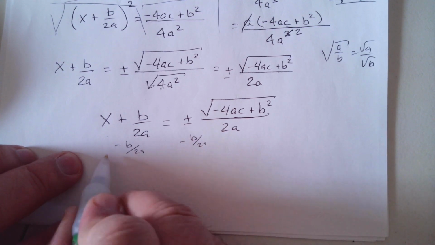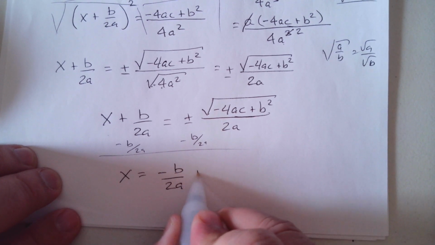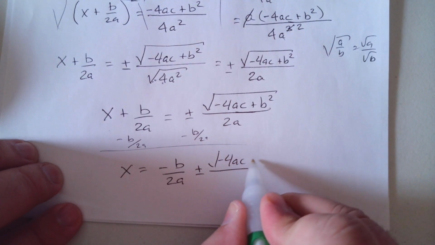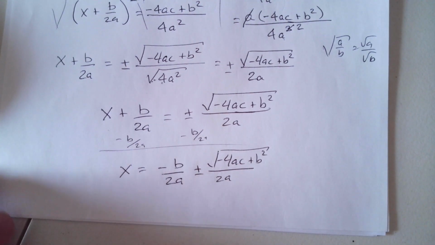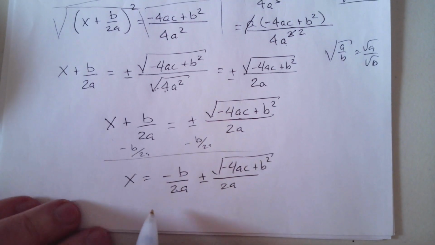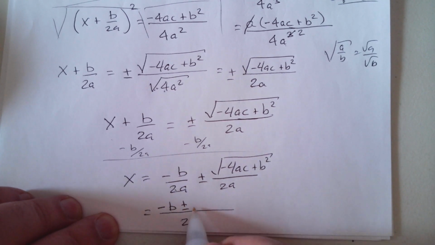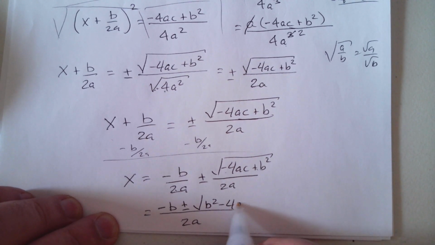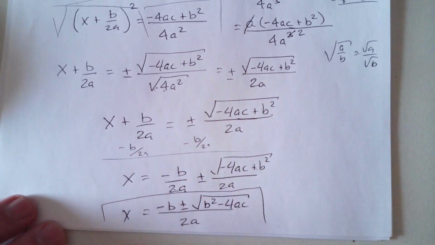Subtract b over 2a from both sides. Since they have a common denominator, we have negative b plus or minus, so we'll flip these around. There's our answer.